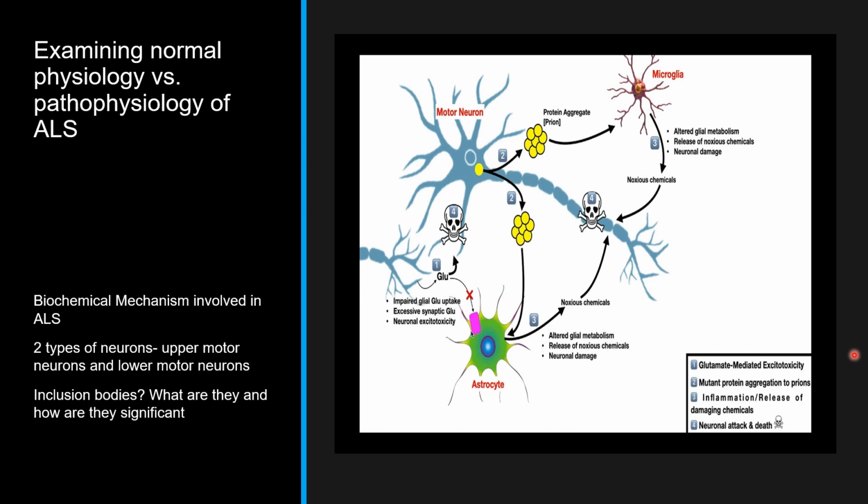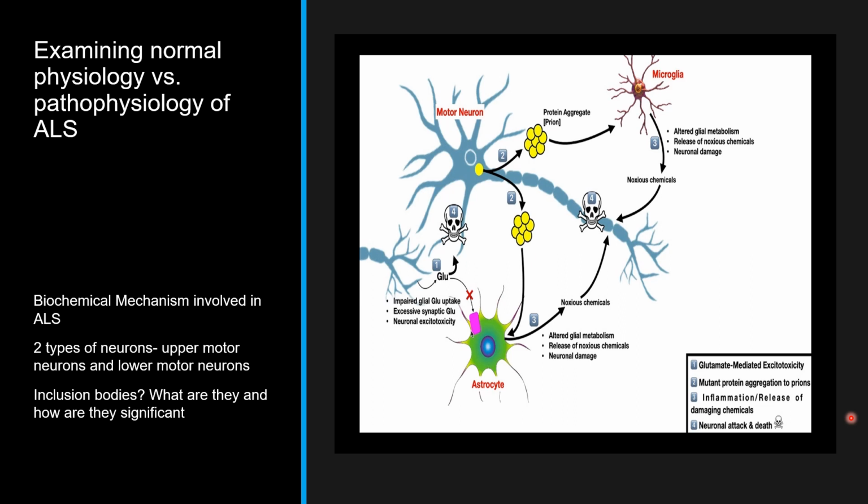The other function of prions is that they can activate these glia cells, which is another part of the immune system, which changes the metabolism of the microglia. These microglia release noxious chemicals, initiating an inflammatory response.